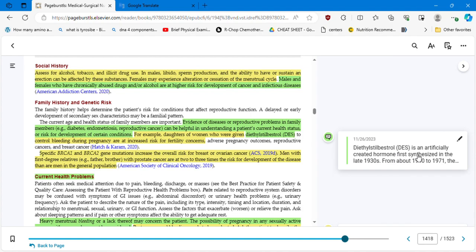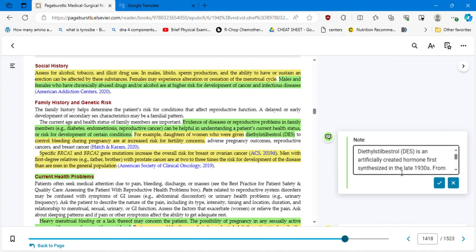So what is DES? It's an artificially created hormone first synthesized in the late 30s. From about 1940 to 1971, the medication was given to pregnant women in the incorrect belief that it would reduce the risk for pregnancy complications and losses.